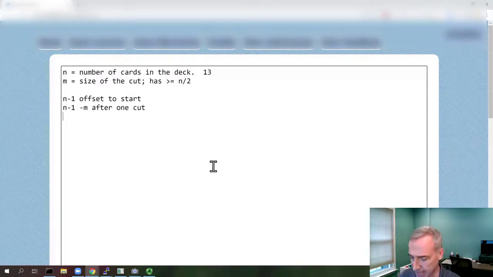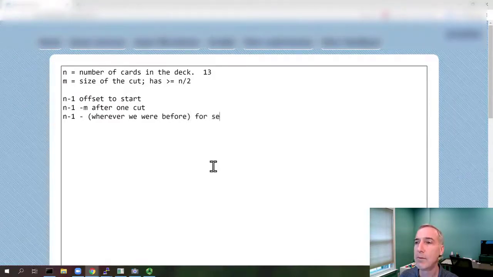So after the second cut, we're at n-1 minus wherever we were before.